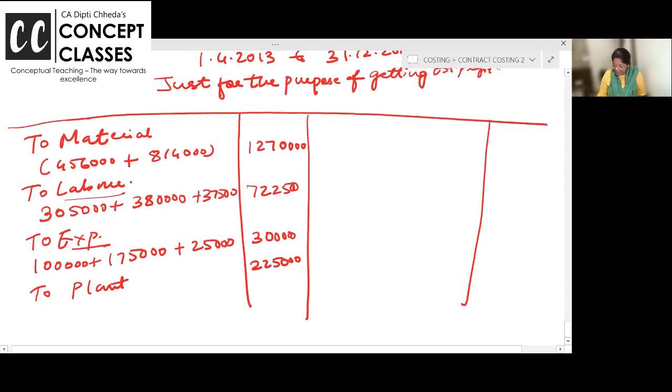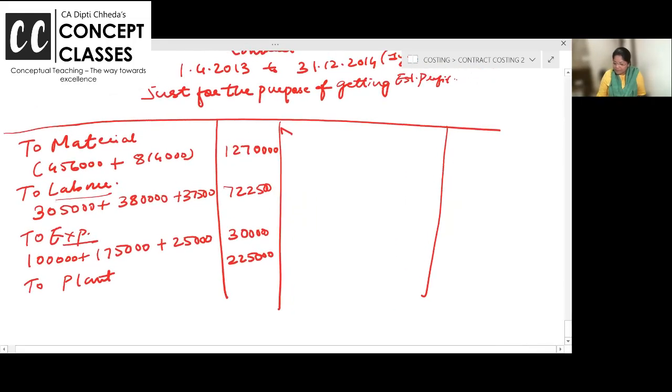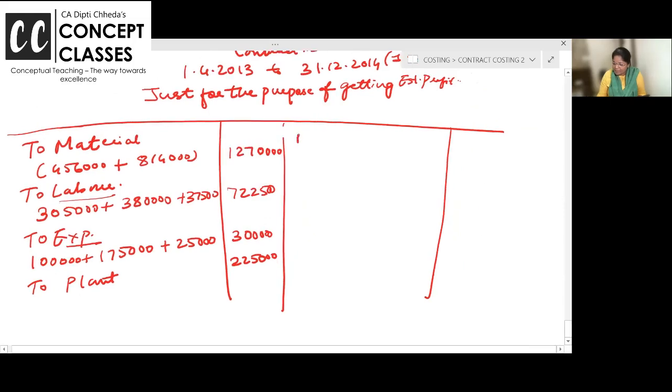And now this side, instead of work in progress, you will write the whole contract price because this is for the whole year. तो पूरा contract price हम लिख देंगे. कितना है contract price? 27,12,500.